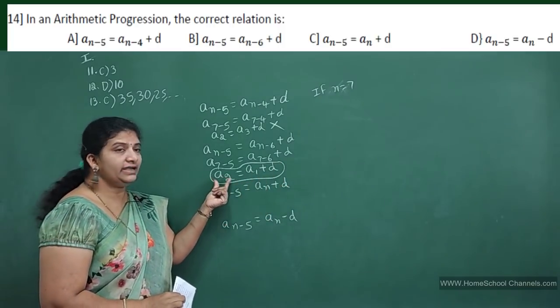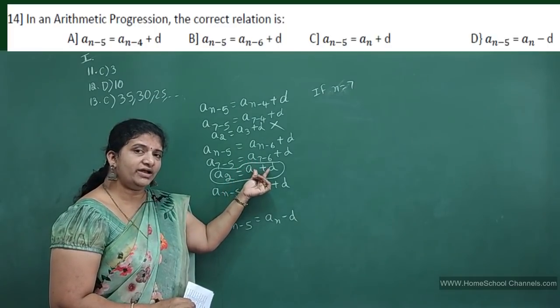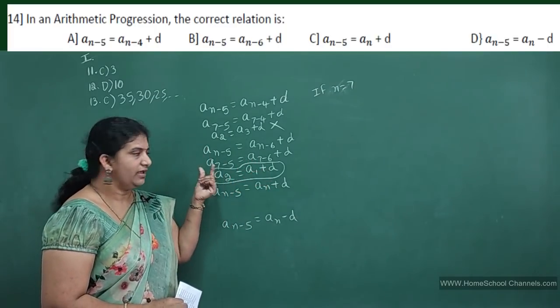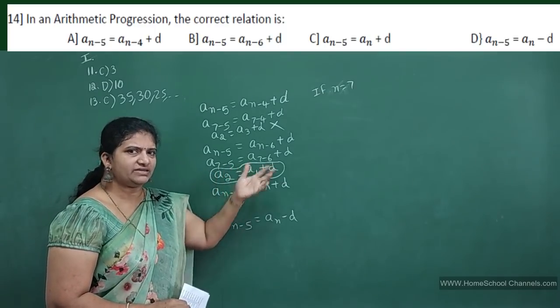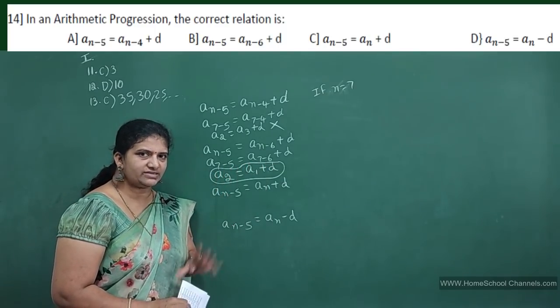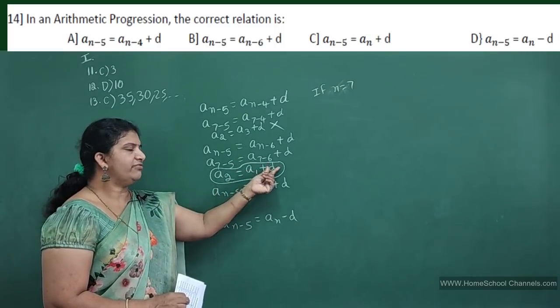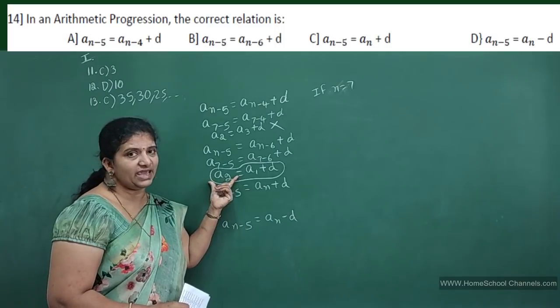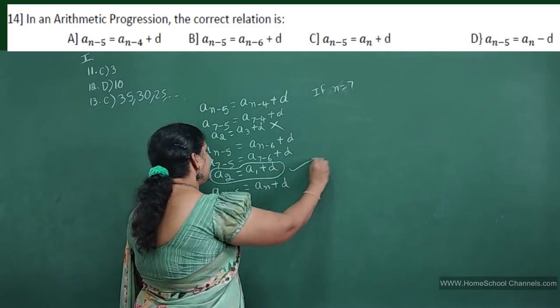Observe here, second term we get by adding common difference to the first term. A2 is equal to A1 plus D, or A plus D you can write. Okay, is this clear? Or you can send the same to this side. Common difference D is equal to A2 minus A1. This is also a correct relation. This is the correct answer.